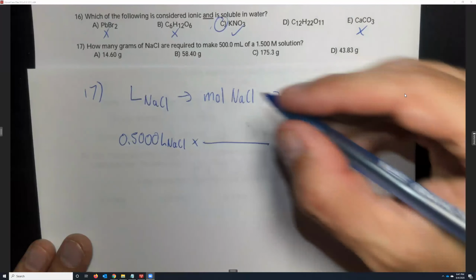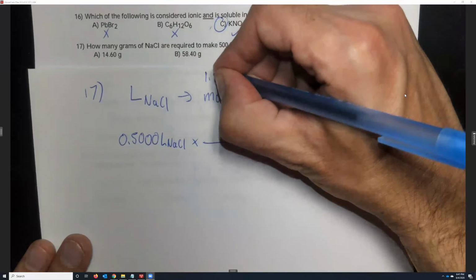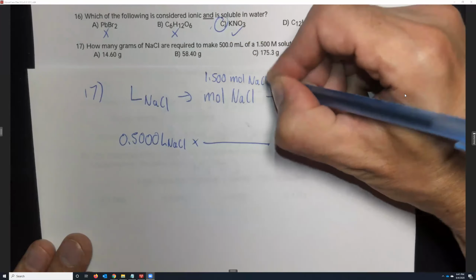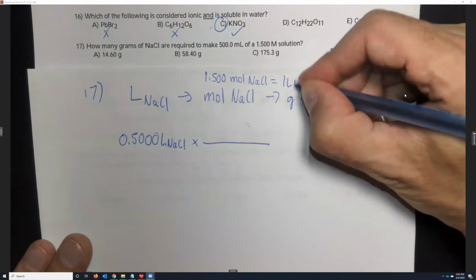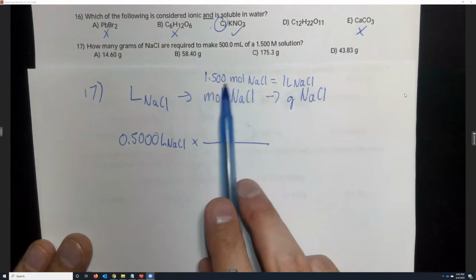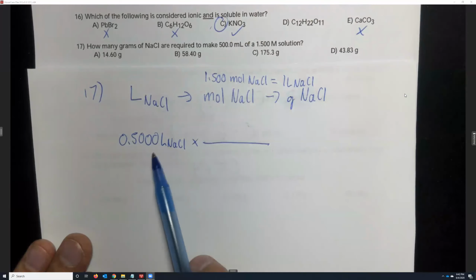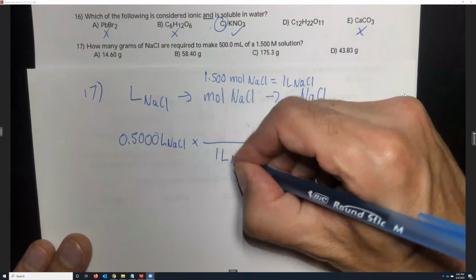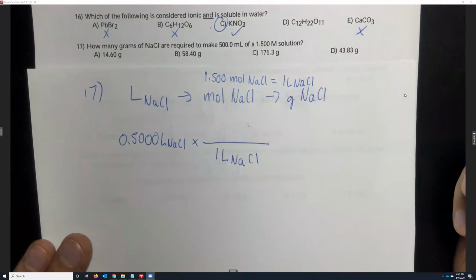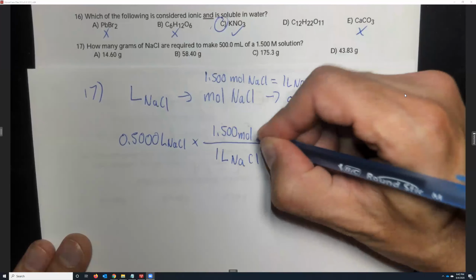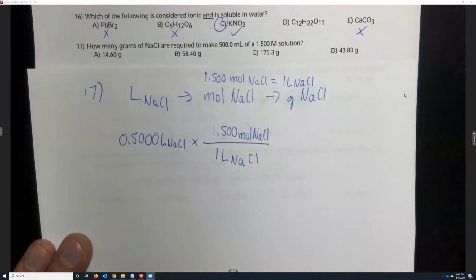If something is 1.500 molar, it means that 1.500 moles of NaCl are equal to 1 liter of the NaCl solution. So it's the molarity, number of moles per 1 liter. I want the liters to cancel out, so I put the 1 liter of NaCl on the bottom and the 1.500 moles of NaCl on the top.